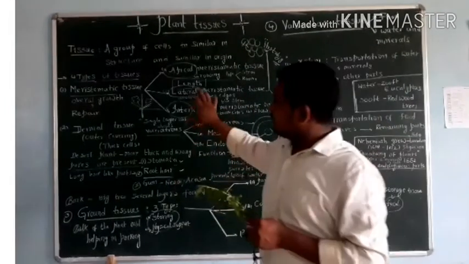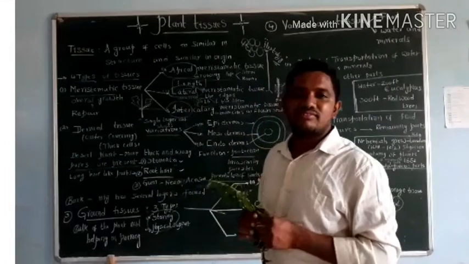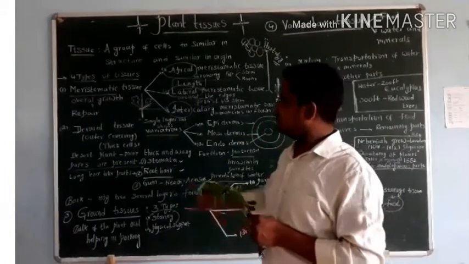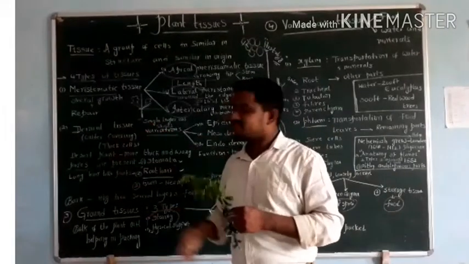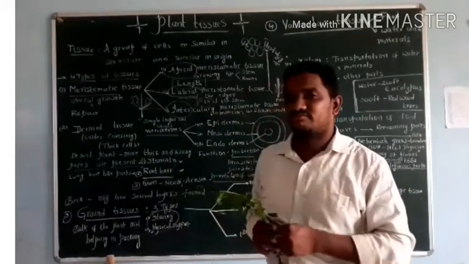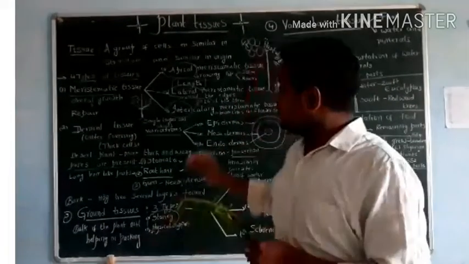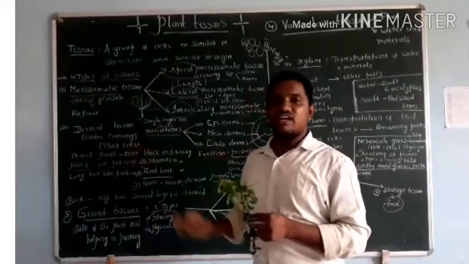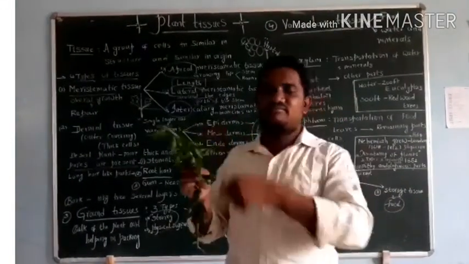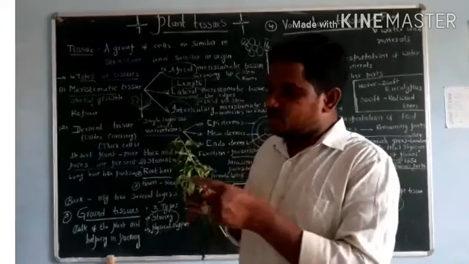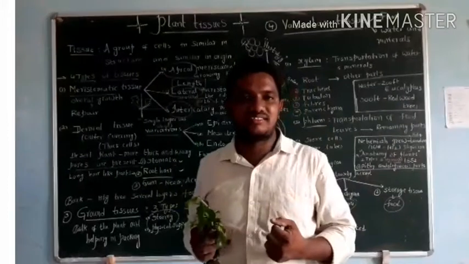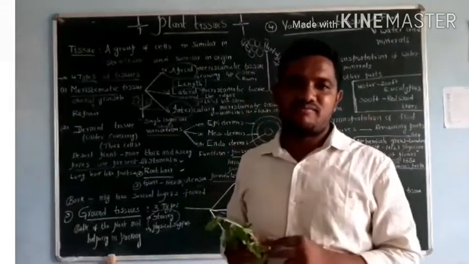Okay, this is the first one. Shall I go to the second type of tissue? Yes, that is the second one, dermal tissue. What is dermal tissue? This tissue helps in the outer covering of the plant body. The outermost layer on the plant body is called dermal tissue.